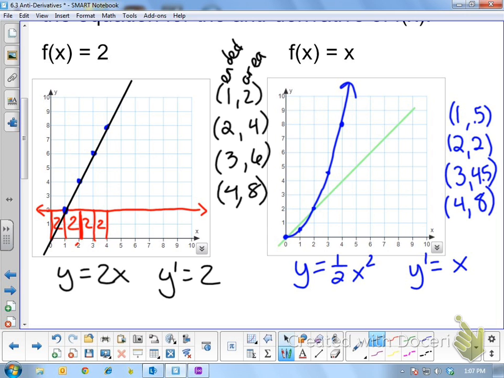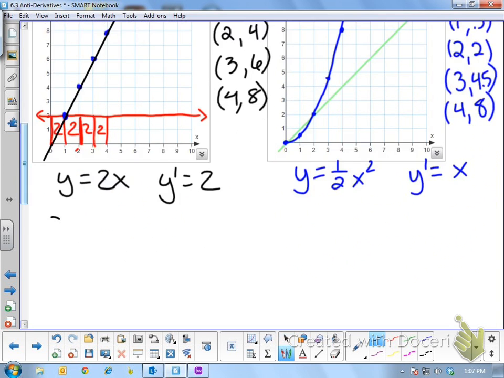Okay. Antiderivatives. So derivatives, we built a derivative by taking slopes everywhere. We build an antiderivative by doing this area accumulation, by adding up all the areas together. So 2x is the antiderivative of 2.